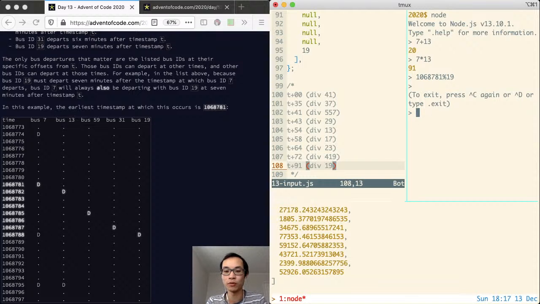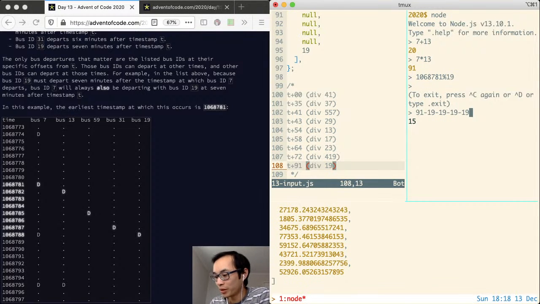And 419 minus 72 is 347, so mod 419 is 347. And mod 19 is 4.